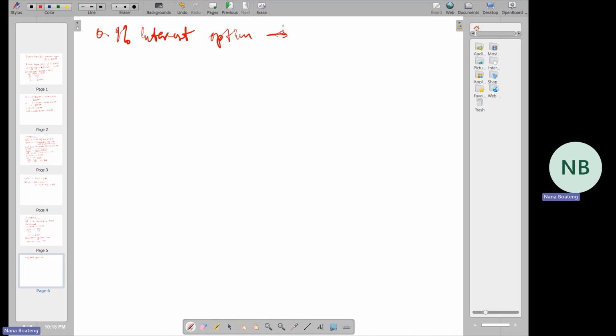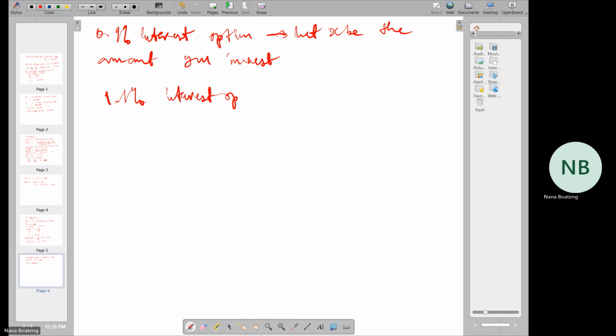For the other option that gives you 1.1% interest, let Y be the amount you invest in this option.